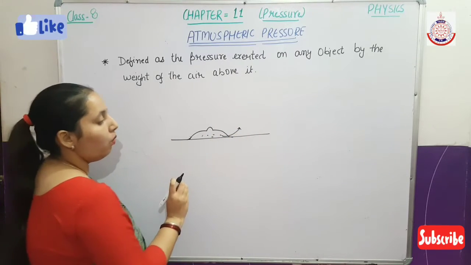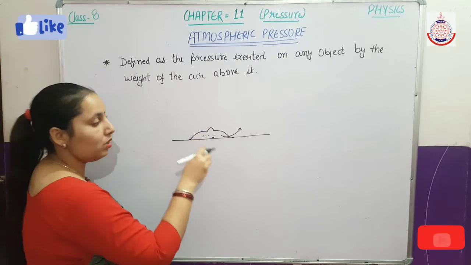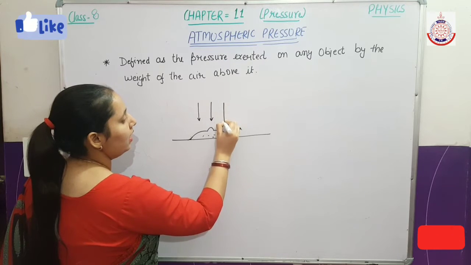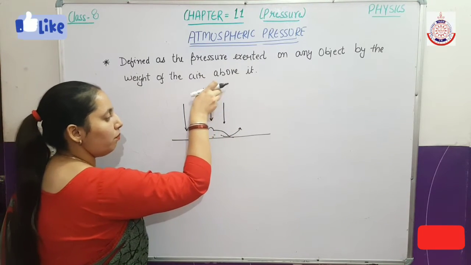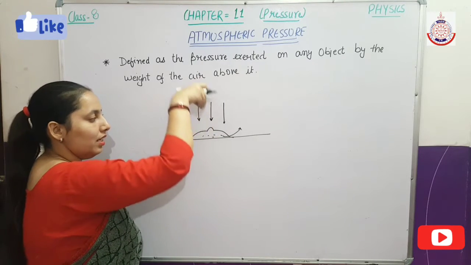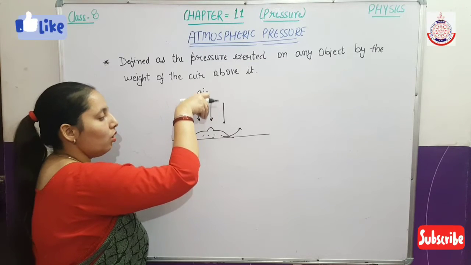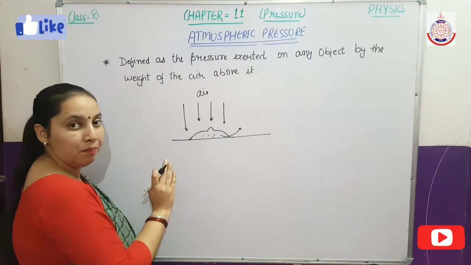Now, why is it held on the surface? Because the pressure from the air is exerted on the rubber sucker, and it helps to hold it on the plane.